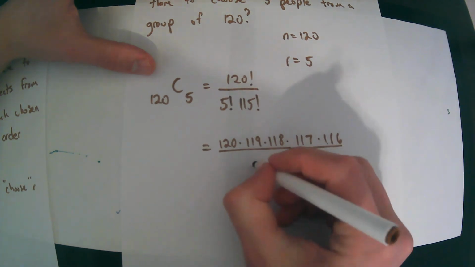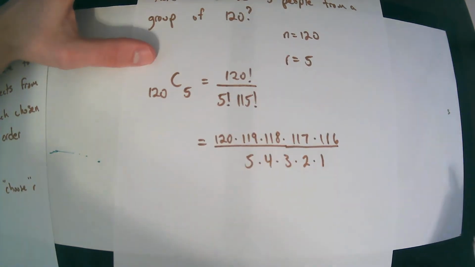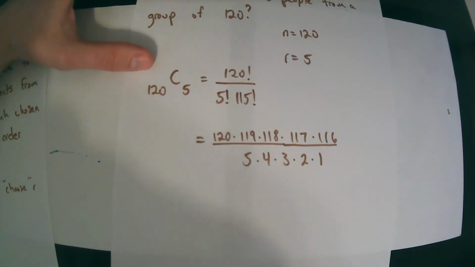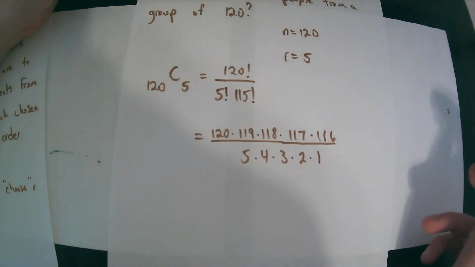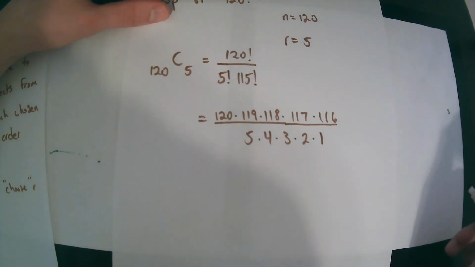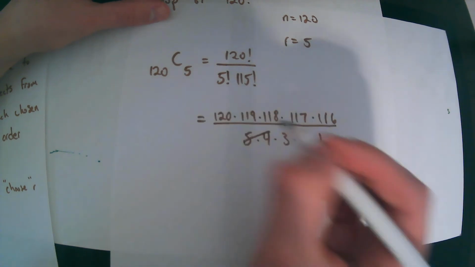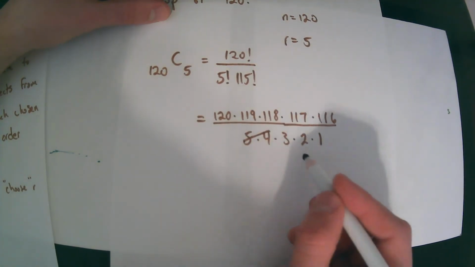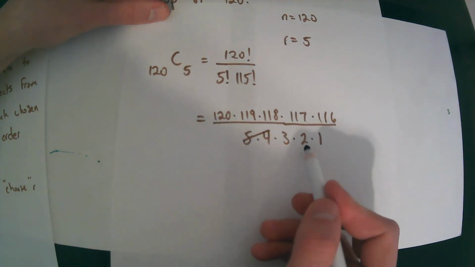Now in the bottom, I still have that 5 factorial to deal with. So somehow I've got to figure out how these will cancel with some of these. Okay, so now we've got to flex our fraction simplification techniques. Like, for instance, I know 5 and 4 are 20, and surely 20 goes into this. In fact, what is 5 times 4 times 3 times 2? Well, that's 20 times 3 is 60 times 2 is 120.